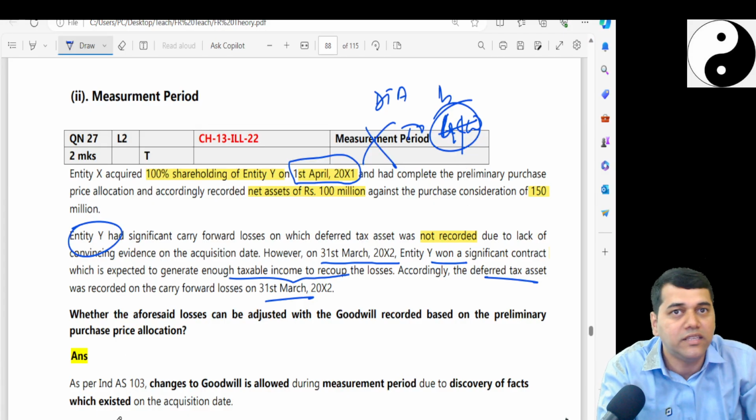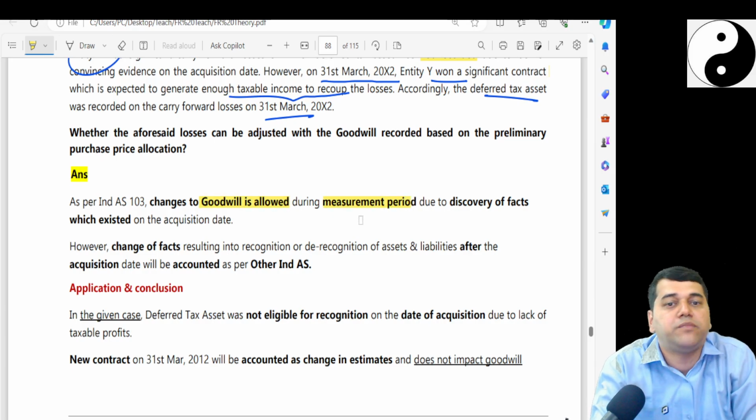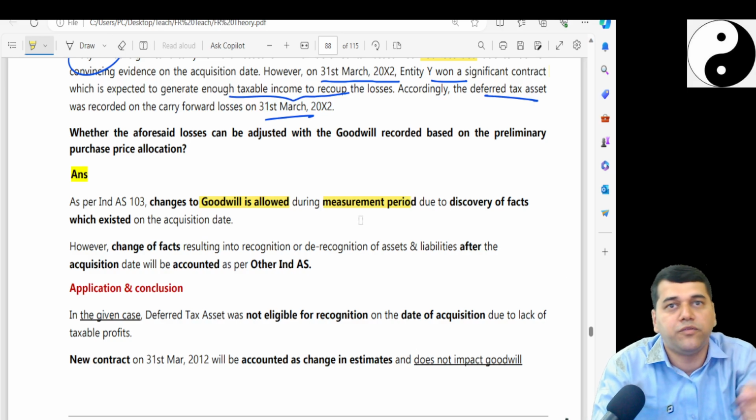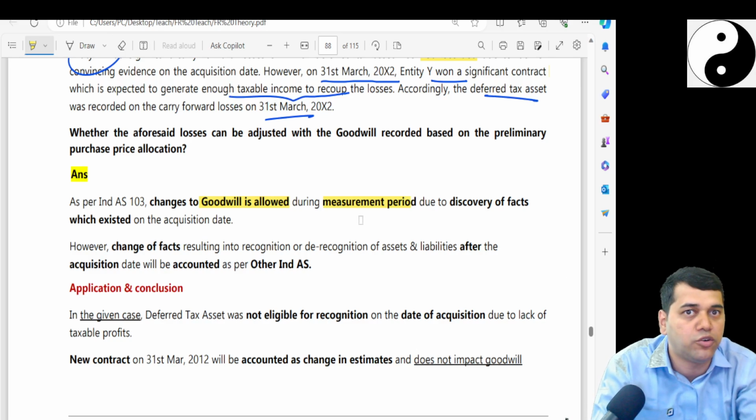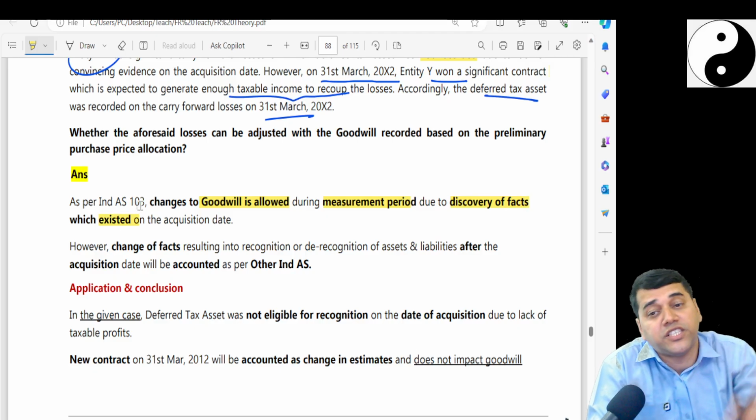See, okay, I'll read the solution, then you can try to understand. Ind AS 103 permits changes to the goodwill if it is measurement period. That means within 1 year, if you want to change the goodwill, you can change it up or down. But this is due to discovery of a fact which existed on the acquisition date.